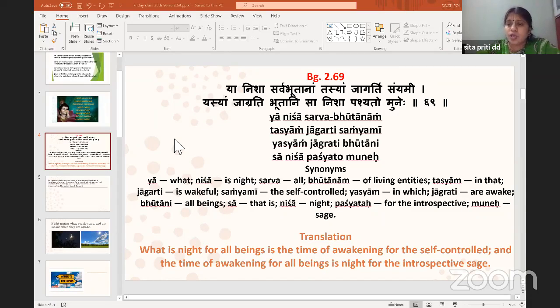Yanisha sarva bhutanam, tasyam, jagrati samyami, yasyam jagrati, bhutani, sanisha, pashyato munehe. Very good.